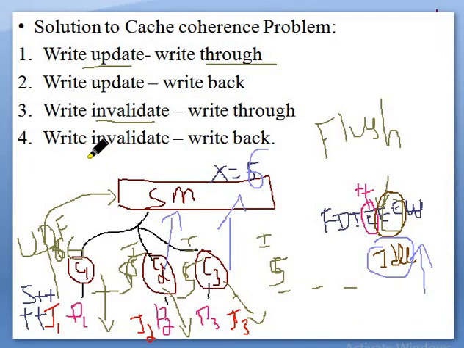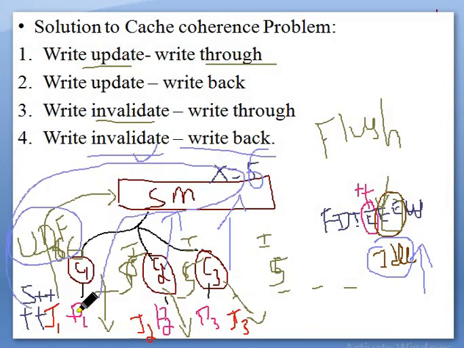Now the last step is write invalidate for all and write back. The write back procedure means completion of the UDF: until you complete the UDF, do not update. Keep the invalidate bit high. If we keep the invalidate bit high, what does it mean? They cannot get the data of x. That becomes an exclusive copy, exclusive between C1 and shared memory.